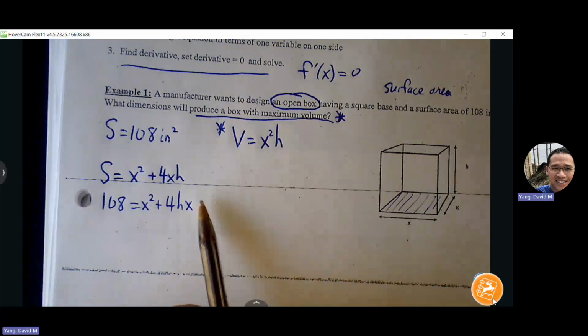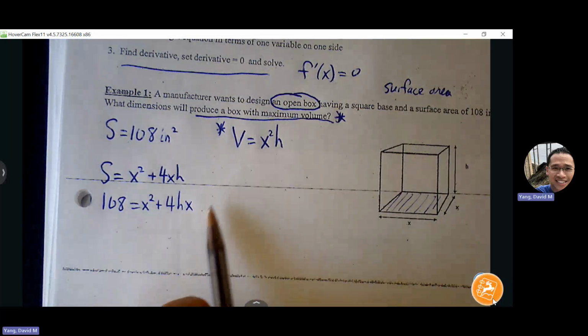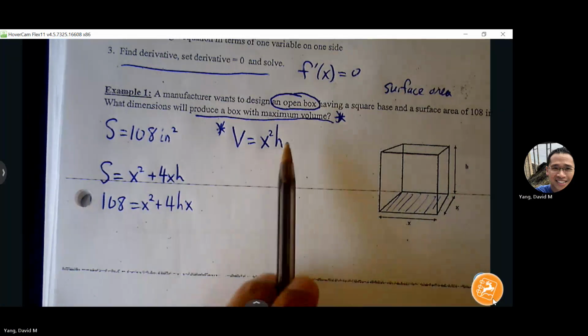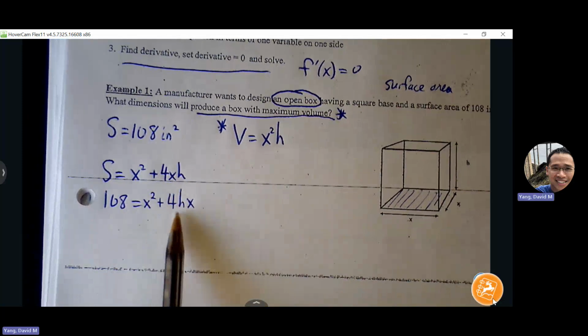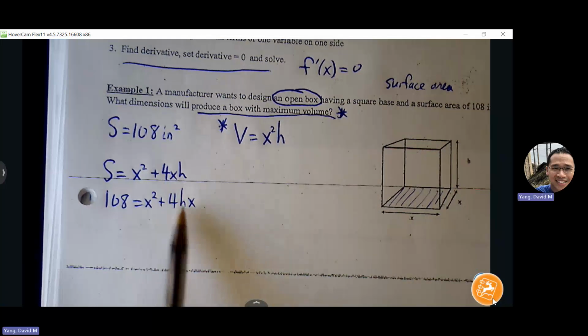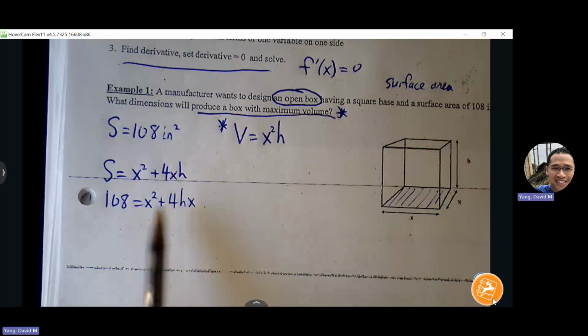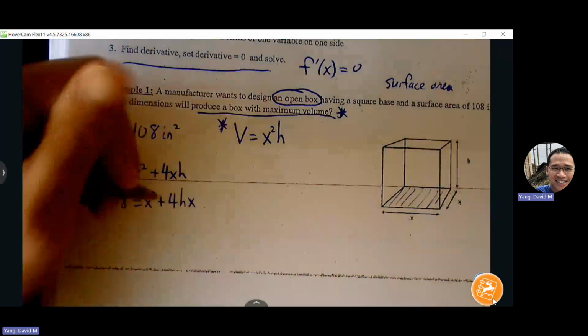Now, it doesn't matter which variable I replace, but we typically want to find the variable that's easiest to solve for. Which variable is easier to solve for in this one, h or x? H, right? It's harder with x. Even if I could take out a GCF, I can't get that x completely on one side.